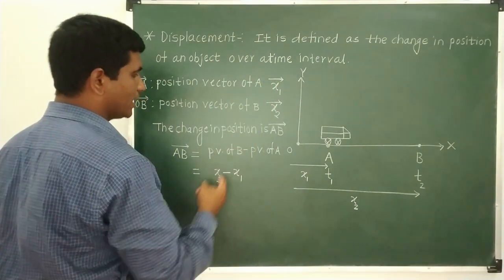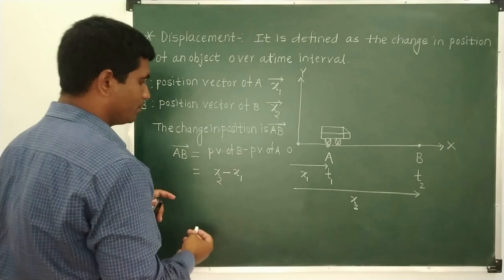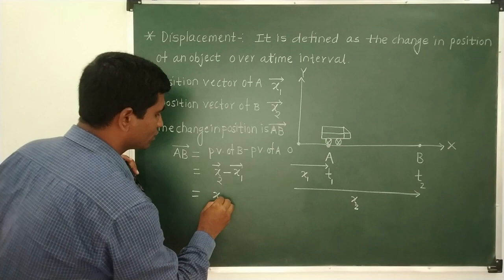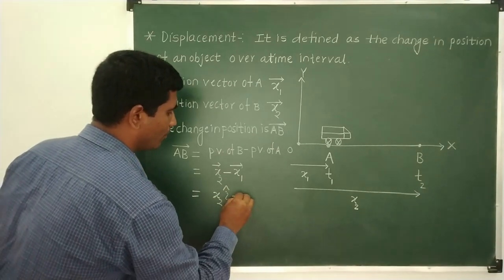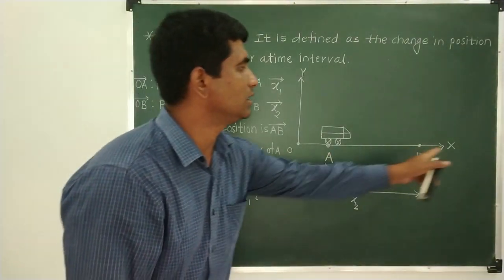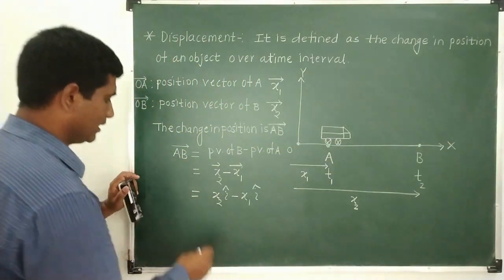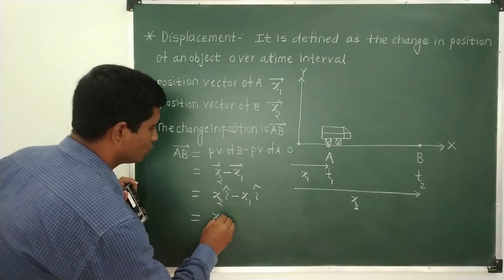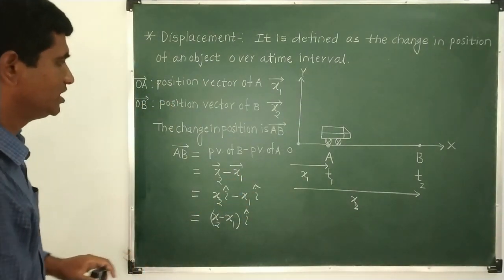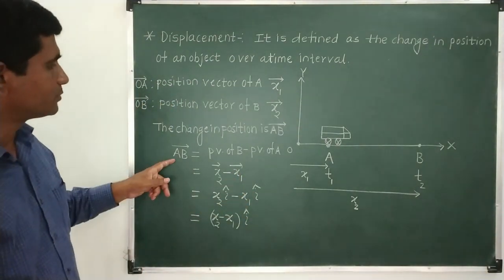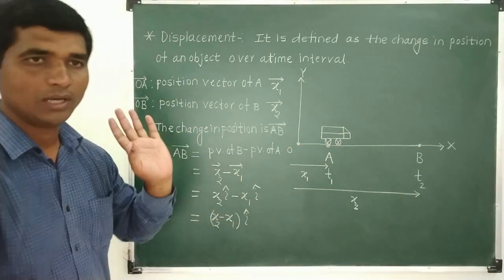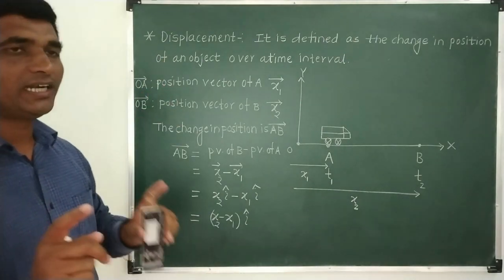So I can rewrite x2 bar minus x1 bar like this: x2 into I cap minus x1 into I cap. I cap is a unit vector along the direction of the x-axis, and this we can rewrite as x2 minus x1 into I cap. So from this you can find that the displacement of the car, AB bar, is x2 minus x1 into I cap. Remember, displacement is a vector quantity.